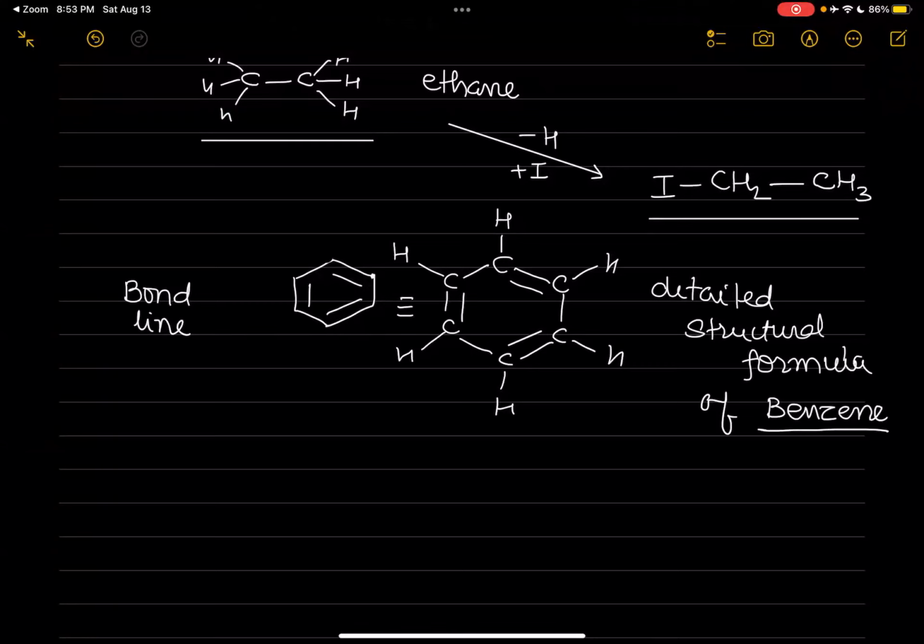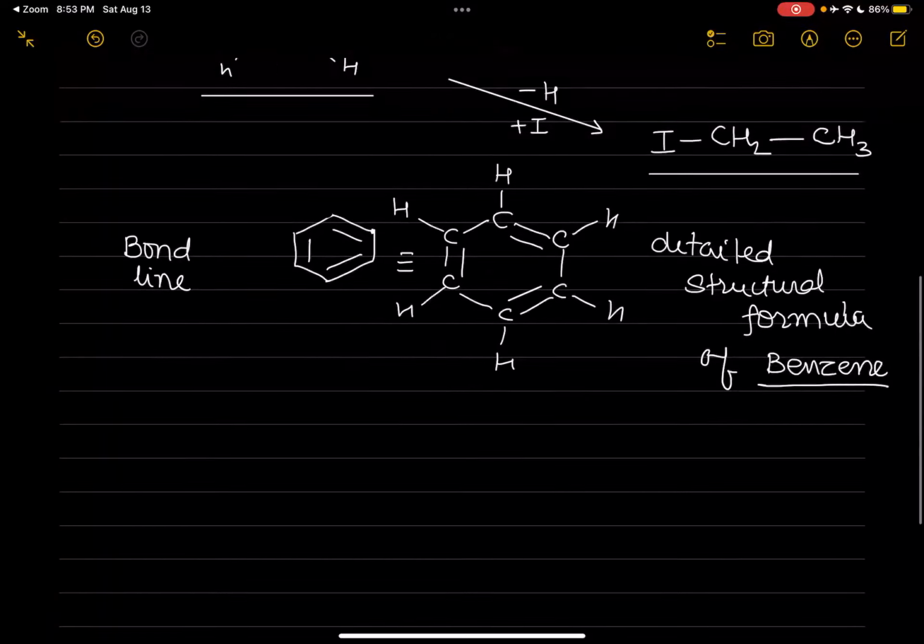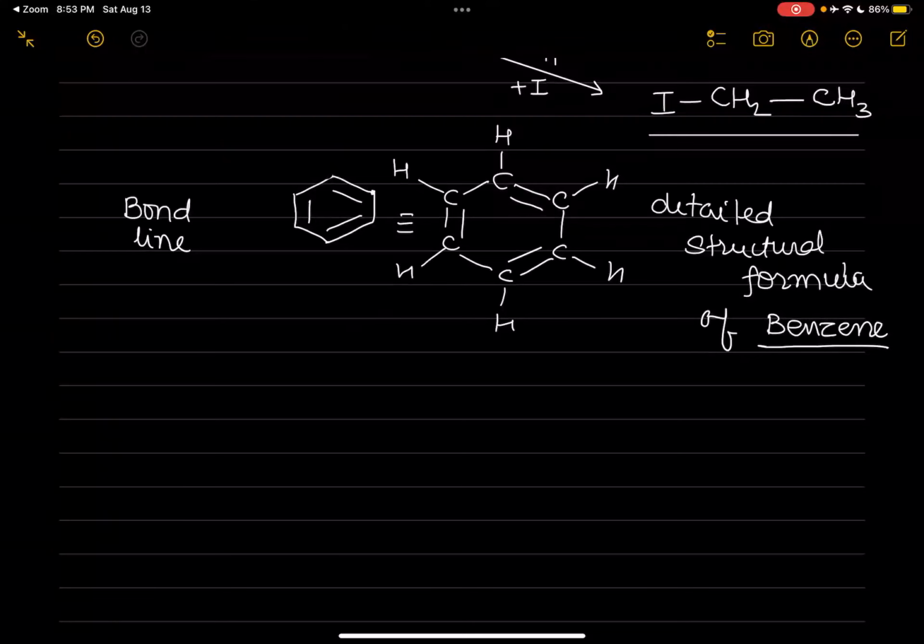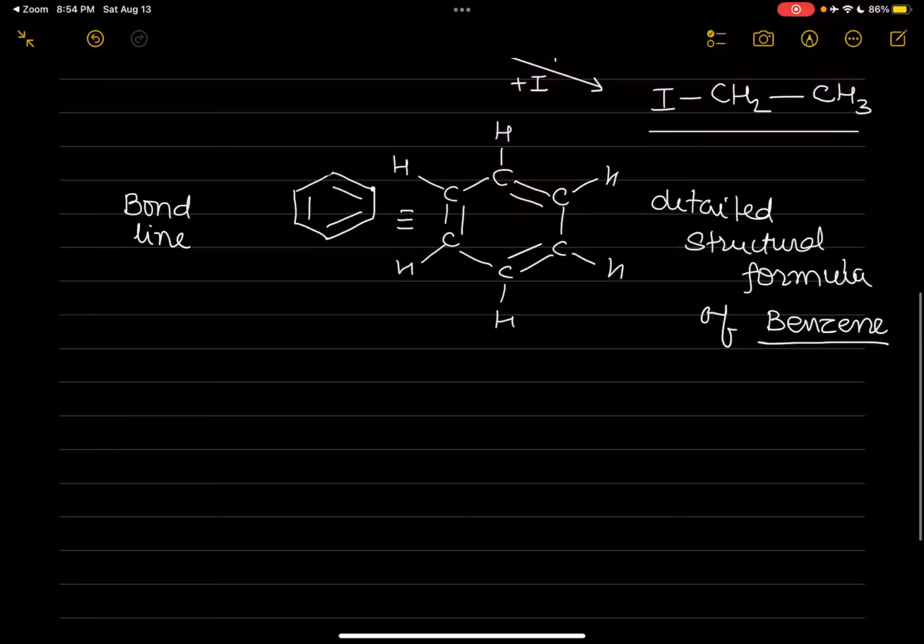Okay. So where do we use benzene? Any idea? Or any compound similar to it which contains a benzene ring? Actually, we use phenol. Okay, phenyl, which we use for cleaning purposes. Okay, household disinfectant.